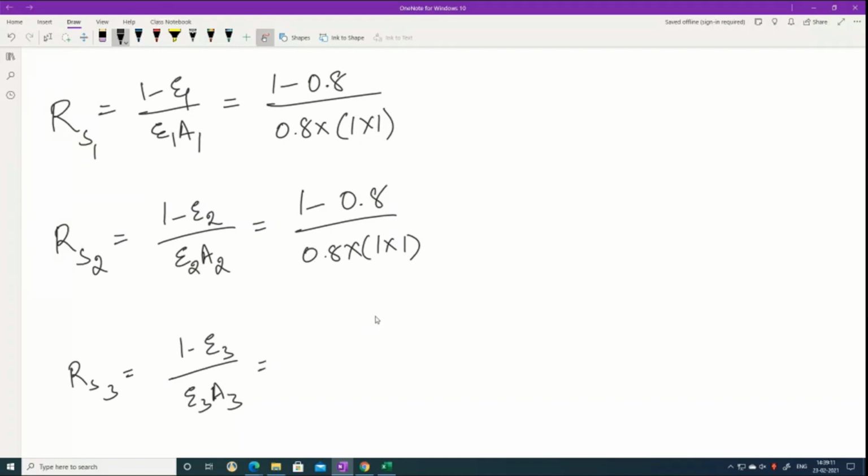So tell me, what is this value? What will be RS3? Is epsilon 3 given in the question? It's not given. So how do you go about calculating RS3?